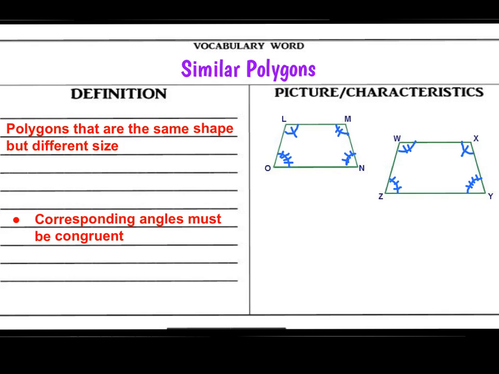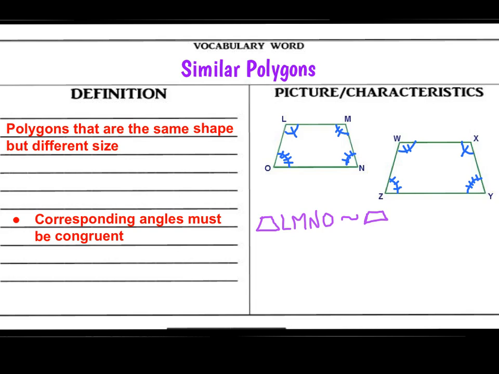We've written congruency statements. Well, now we can write a similarity statement. So we would write trapezoid, and we'll go in order. Trapezoid L, M, N, O is similar to trapezoid, and the order matters.